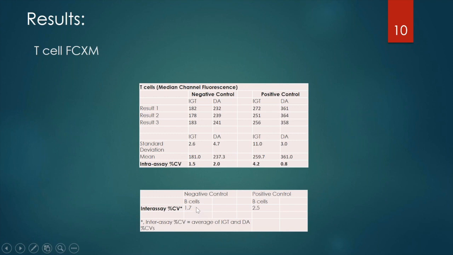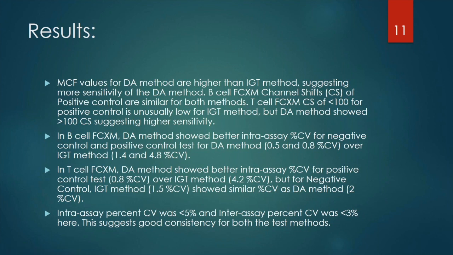Inter-assay is 1.7, actually, I'm sorry, these are for T cells, and this is 2.5. Now, the results here say that the intra-assay percent CV was less than 5%, and inter-assay percent CV was less than 3%. This suggests good consistency for both the test methods.